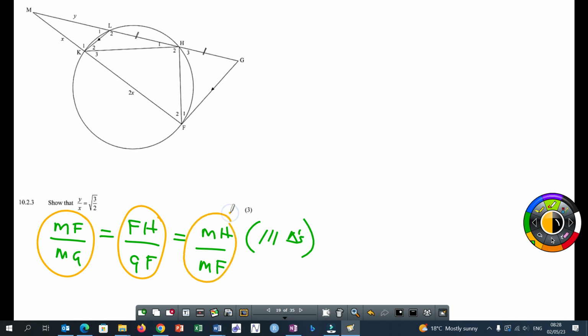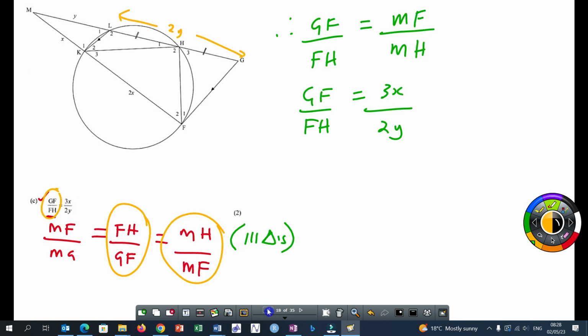I think those two, they're equal as well. So if I choose FH, this one here, I got it, I think, from the previous question. I've got FH and this one here, so I can use that as well. So I can choose the first two.